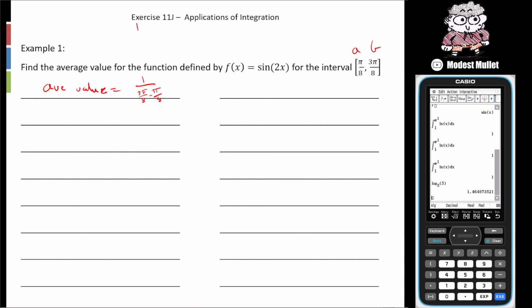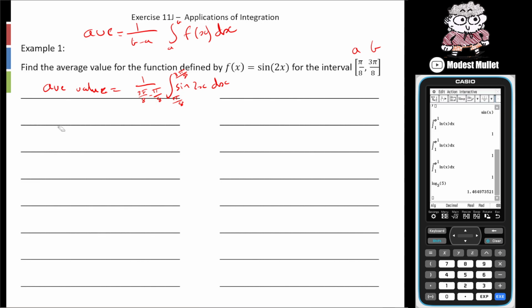And I'll just write the equation up here again, just for reference: 1 on b take away a, the integral from a to b of f of x dx. The average value is equal to that. So the integral of sine of 2x with respect to x, and we're going between pi on 8 and 3 pi on 8.